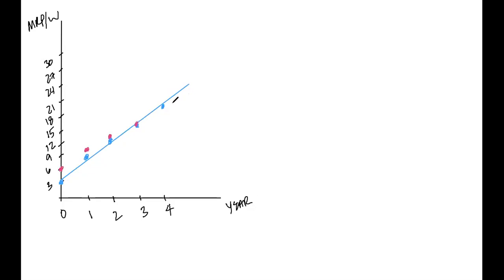Year 3 was 15 again. And then year 4 was 16. Again, my lines don't fully match up, but what I'm going to show you is these.